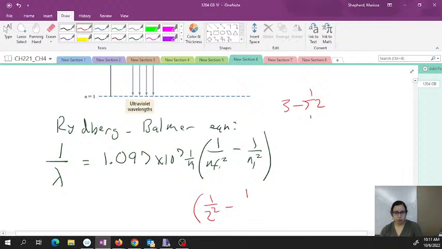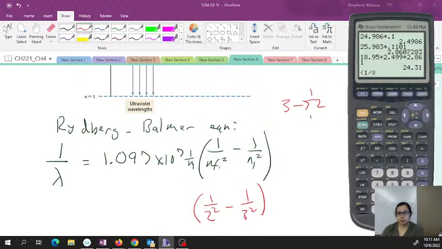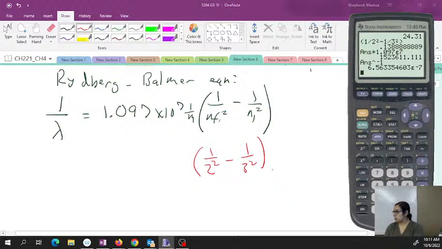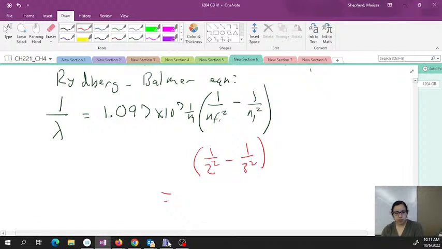So 1 over 2 squared minus 1 over 3 squared times our constant. So plug that in times your constant, 1.097 times 10 to the 7th inverse meters. So then this gives you your inverse wavelength. So then you have to take the inverse of it. And so this would be your wavelength in meters.